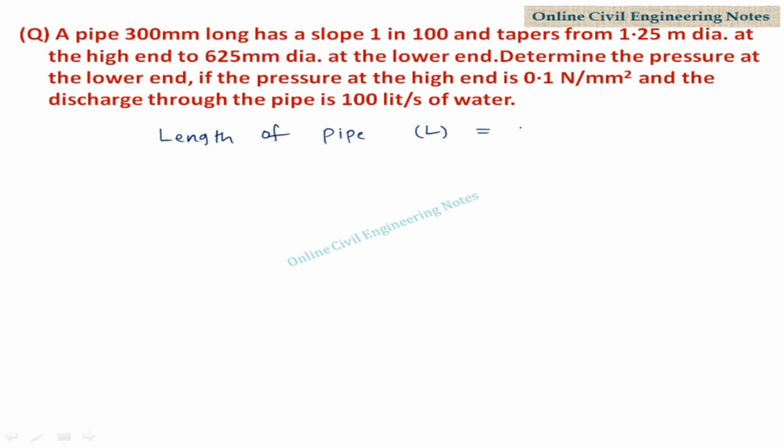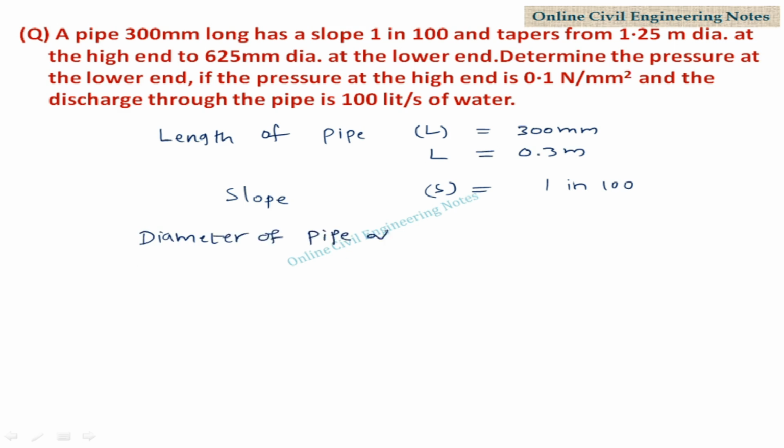L is equal to 300 mm, convert it into meters, 0.3 meters. Then slope of the pipe, 1 in 100. Diameter of the pipe at high end, say it is D2, 1.25 meter.